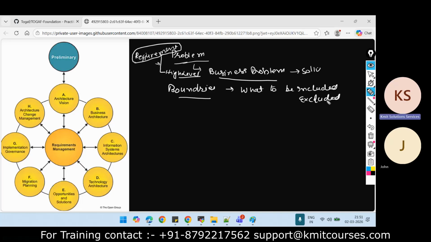So you make sure that whatever goals we have, or strategic goals, you need to align with that. You need to know what is to be included and what is not to be included, so that you can focus on your project.